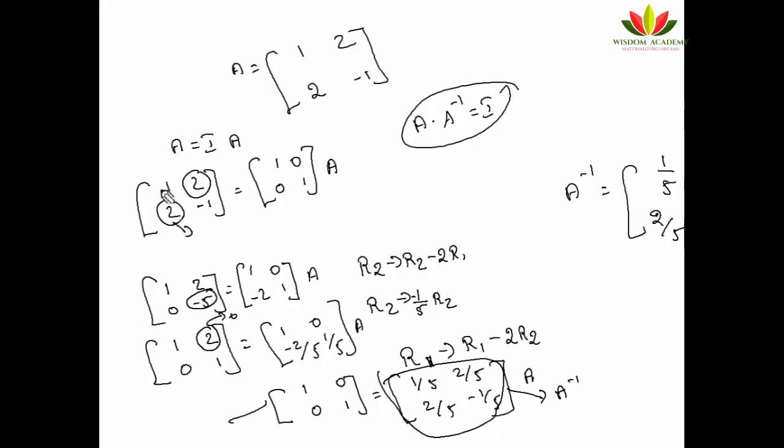So I can multiply the first row by minus 2, or you can even use the columns, nothing wrong in that. Somehow I want to make this matrix an identity matrix. Whatever operations I do for this matrix, I follow the same for the identity matrix also. At last I will get a matrix which, multiplied with A, gives me the identity matrix. This matrix I will call A inverse. Okay.